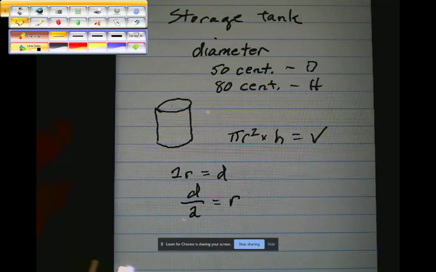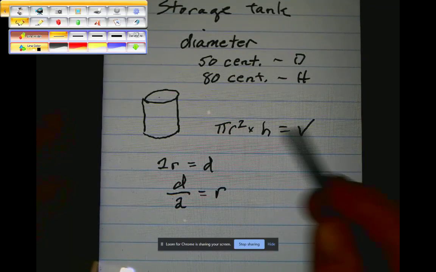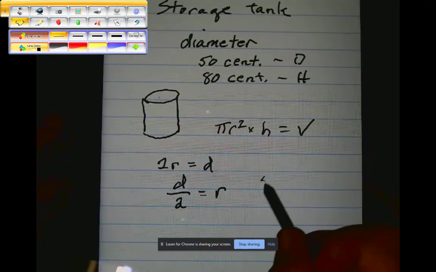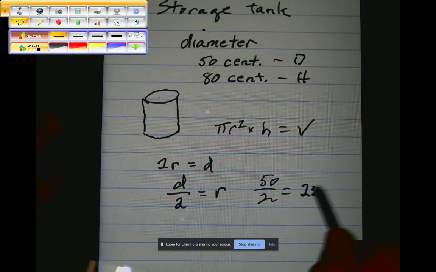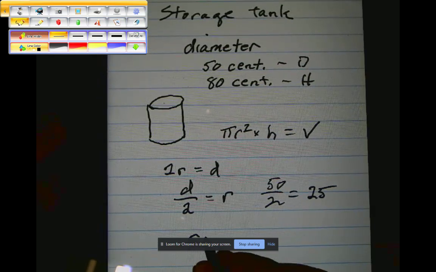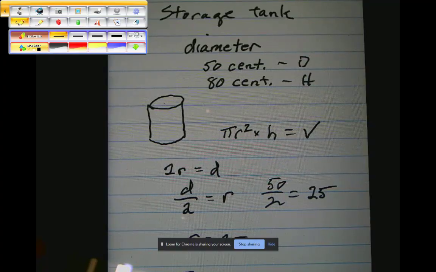And so that's the first thing I need to do. I need to take 50 divided by 2, and I get 25. So my radius is 25 centimeters.